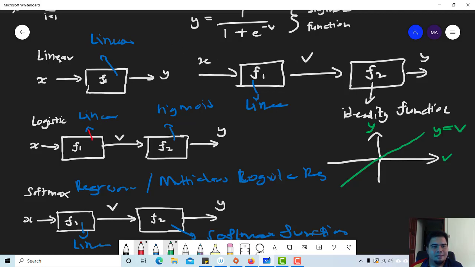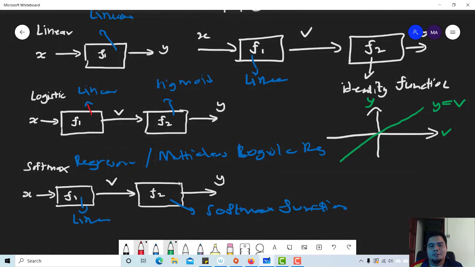Doesn't matter whether it is linear, logistic or softmax regression, you can realize that f1 should be a linear function, but the one you keep changing is f2. If you put the identity function, it becomes linear regression. If you put a sigmoid, it becomes logistic regression. And if you put f2 equal to the softmax function, it becomes softmax regression.